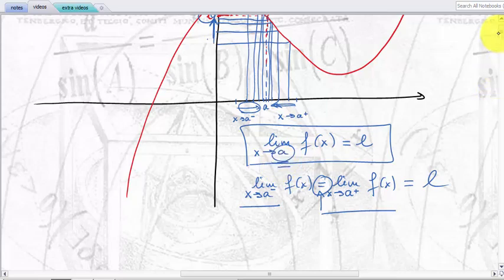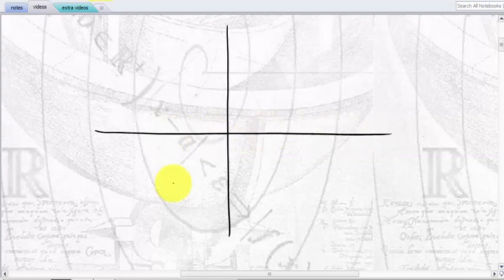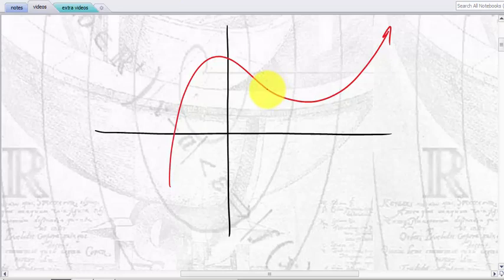Now, of course, if your function is defined, so let me take a function that is defined at a, right here. This function is defined at a. So if you approach a from the left or from the right, your values are going to be moving towards a very specific value, and we know what that is.